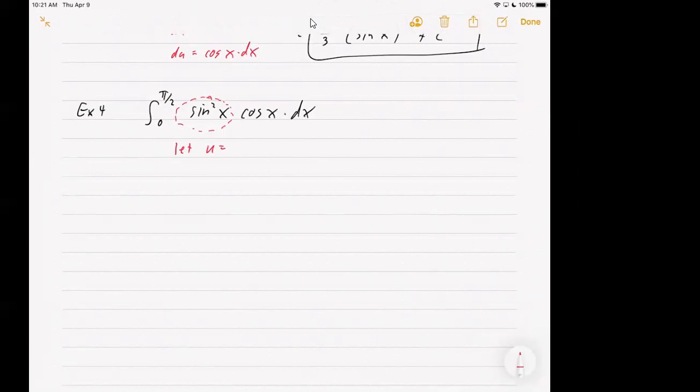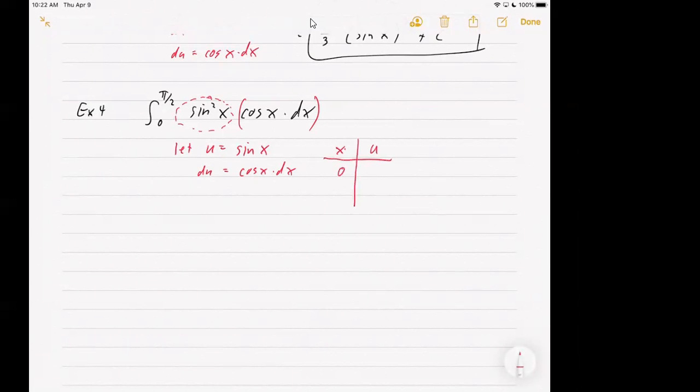That'll give us a u squared. So du, we've seen this a couple of times, so I'm just going to go right to cosine of x dx. So all of this in parentheses is du, all right? But now this has limits, so let us be careful. The limits were originally for x, so let me make a little table of x versus u.